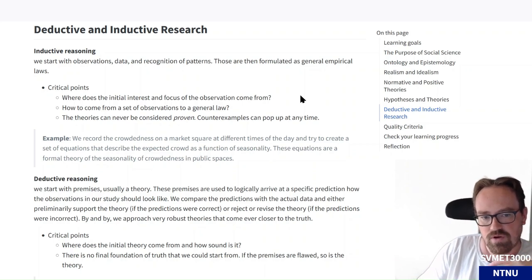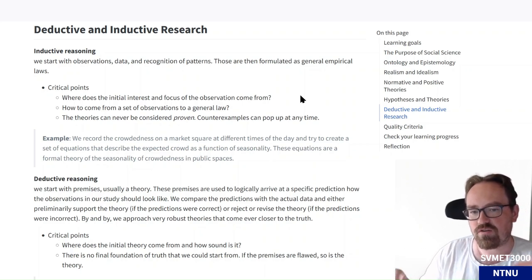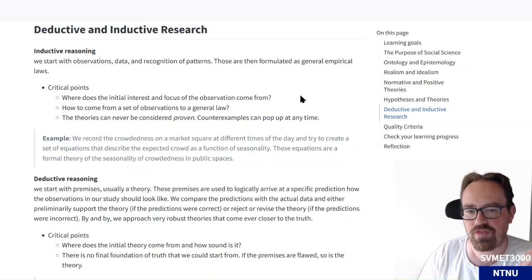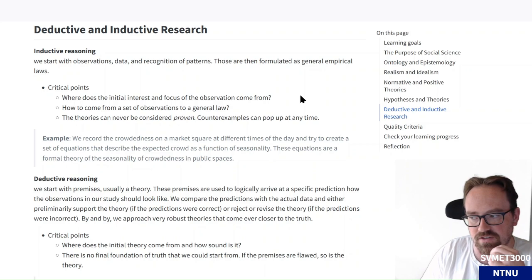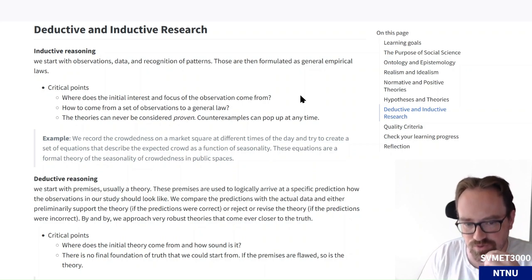Another critical point is how you come from this set of observations on the one hand to a general formulation of the law on the other hand. And there is no convincing way of doing that.